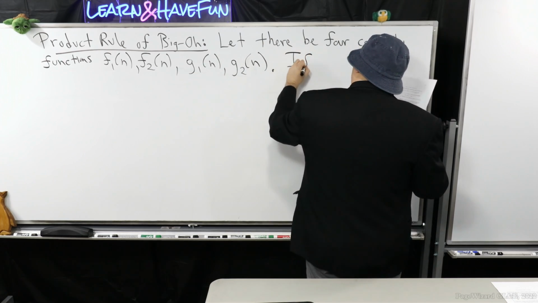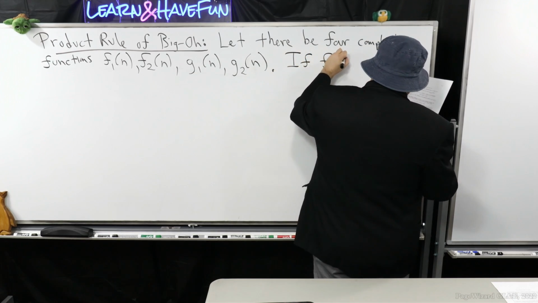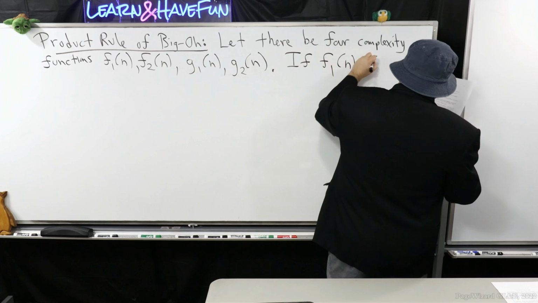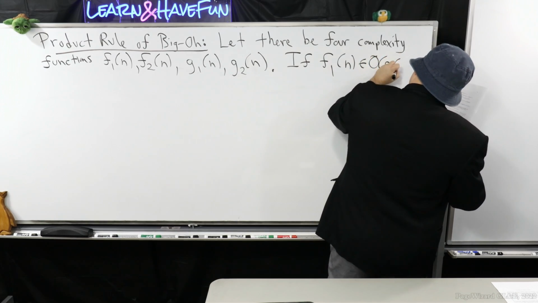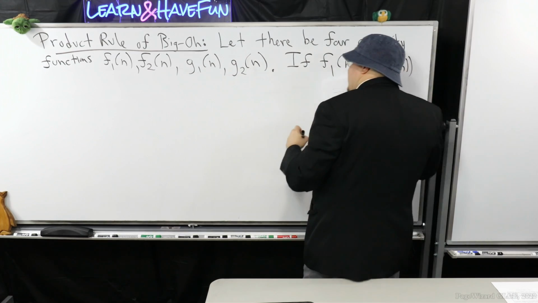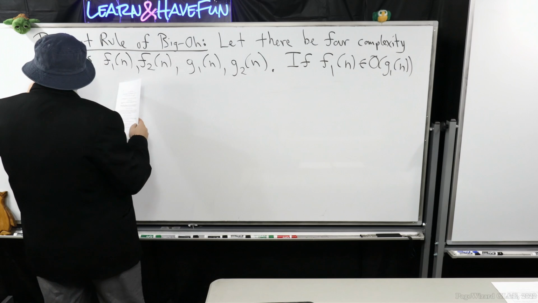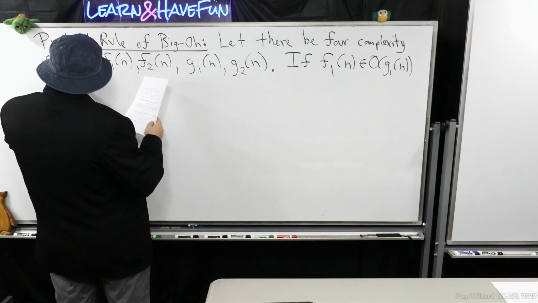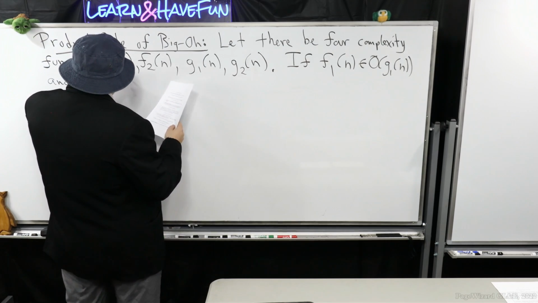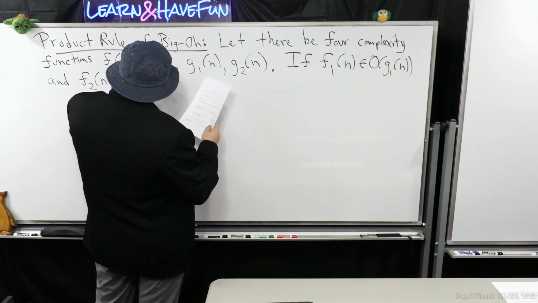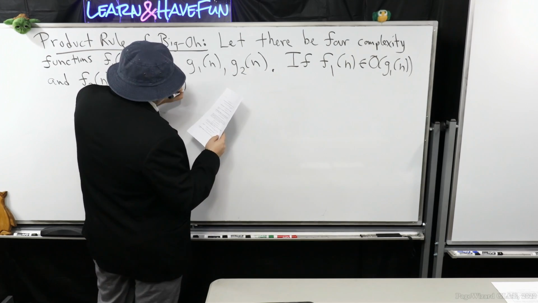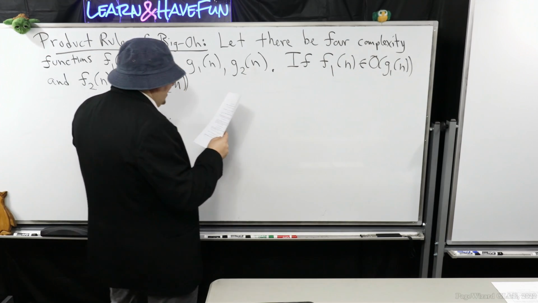So if f1 is big O of g1, and f2 is big O of g2, you might guess quite quickly where this is going if I call it the product rule.